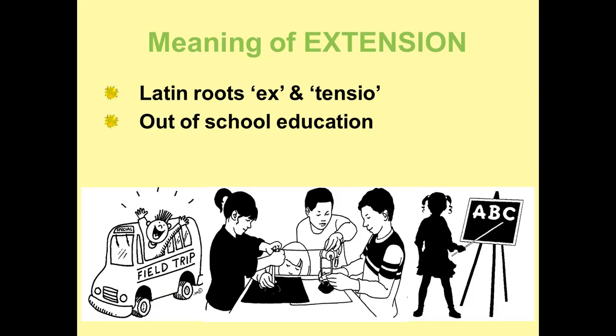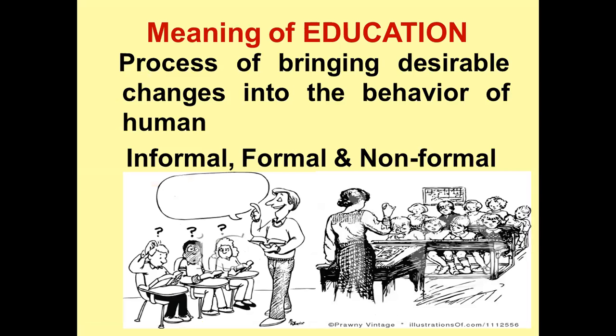Okay, and there are three kinds of education. One is informal, another is formal, and the third one is non-formal. What is informal education? When you talk about informal education, any person learns through their routine activities, day-to-day life experiences.